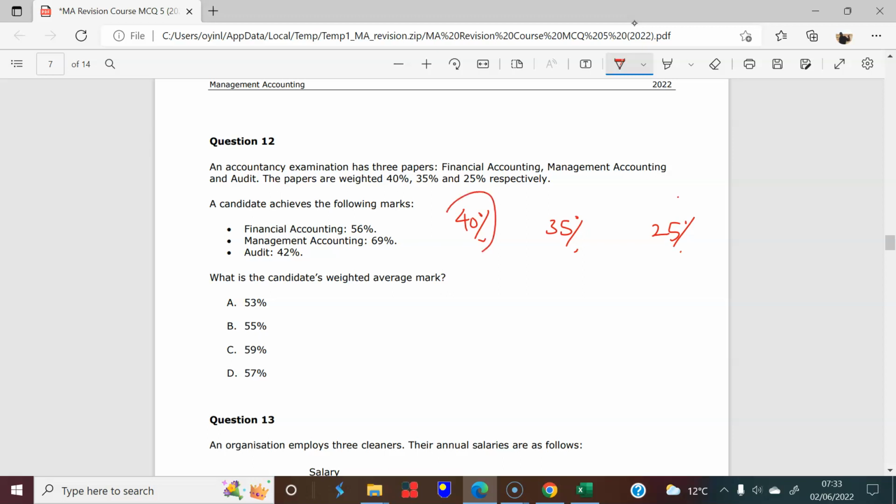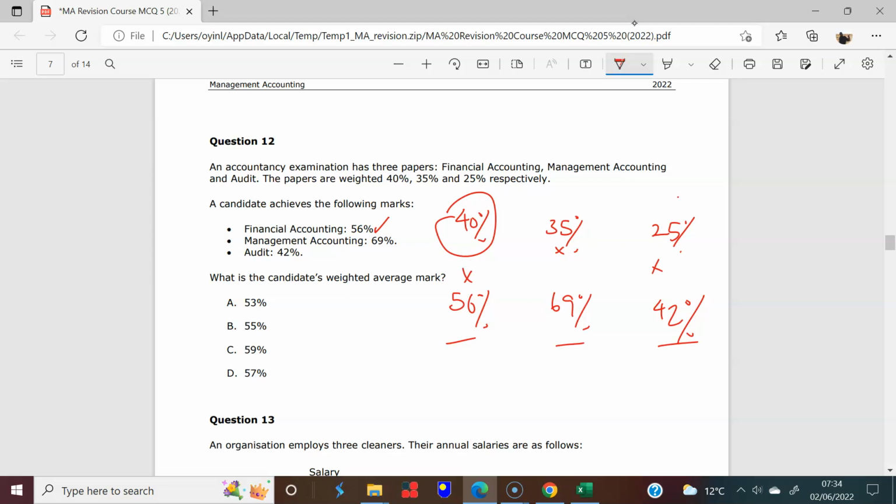So in this weighting, you had 56% in the real exam, but only 40% of the course is scored for financial accounting. So we need to multiply 40% times 56%, 35% times 69% and 25% times 42%, right? So let's do that very quickly.